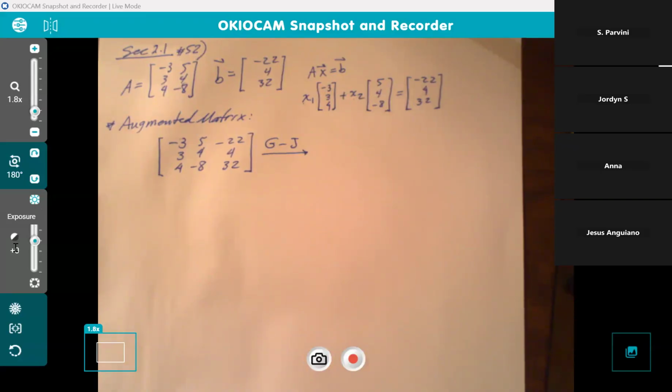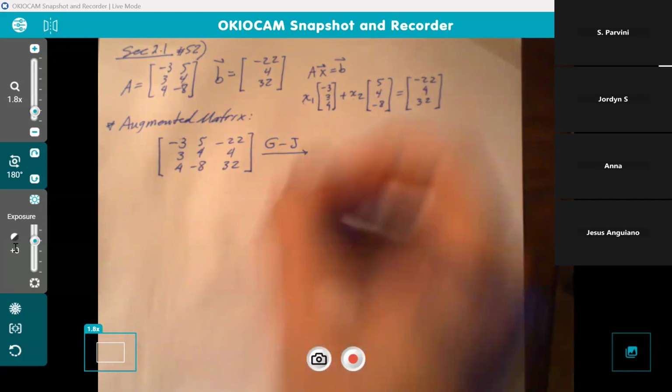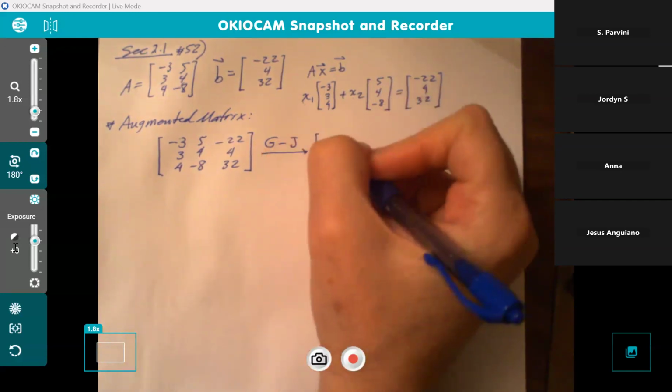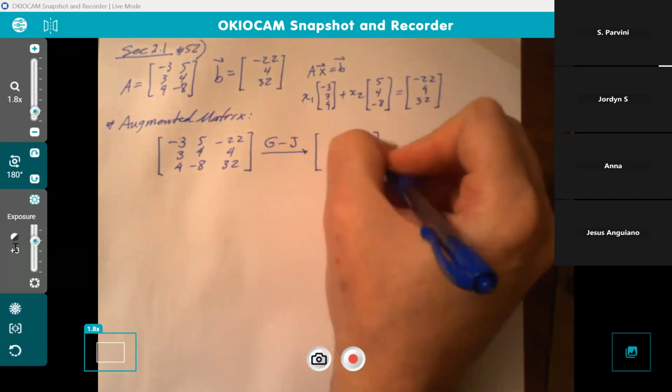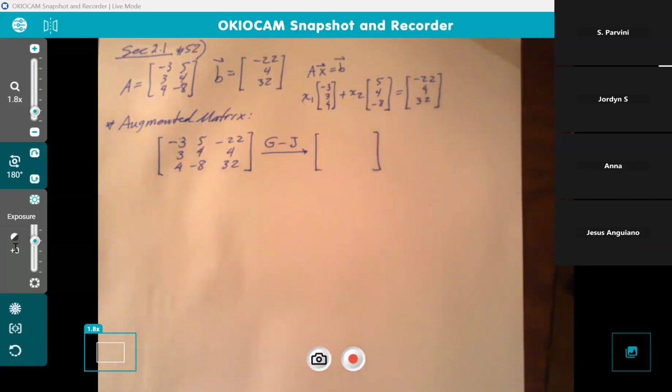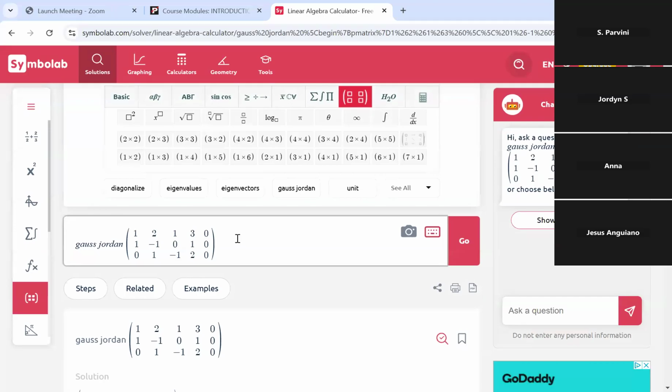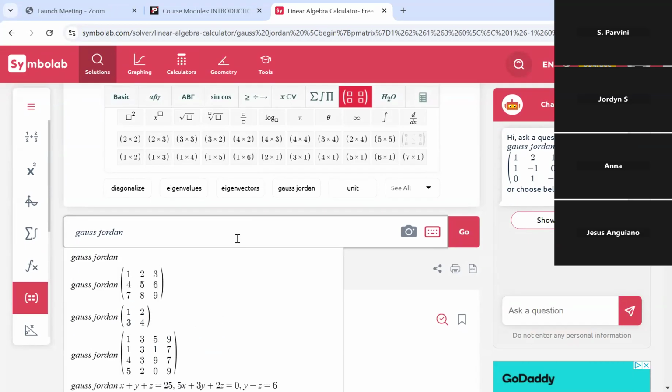That's actually correct. So let's do Gauss-Jordan, and I'm going to go to Symbol Lab to do it. But before I do, I'm going to prep this. Let me go to Symbol Lab, and then we'll talk again. Stop share, and let's go to Symbol Lab. Okay. In Symbol Lab, there you have Gauss-Jordan.